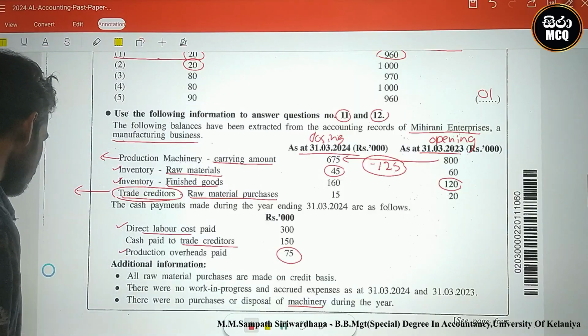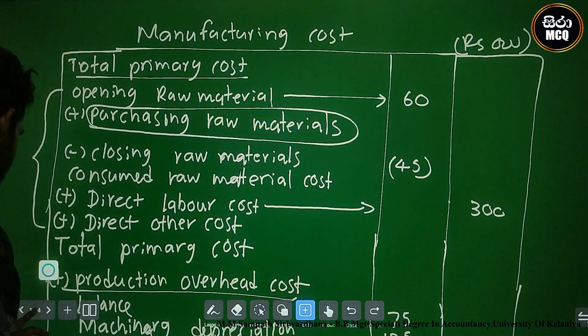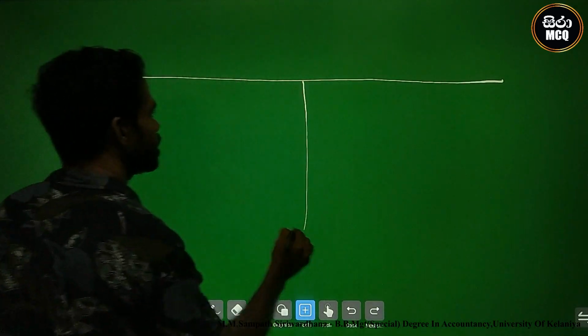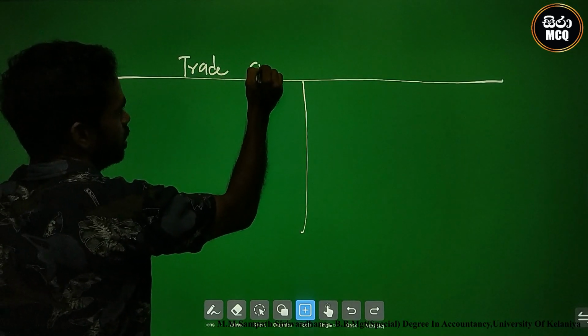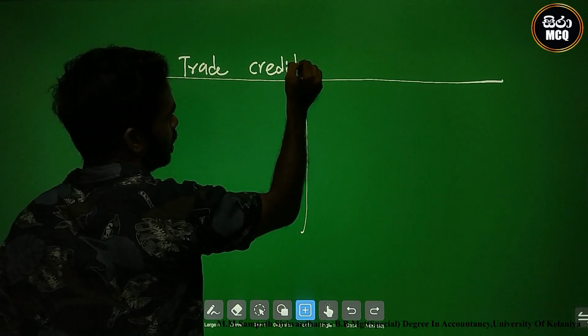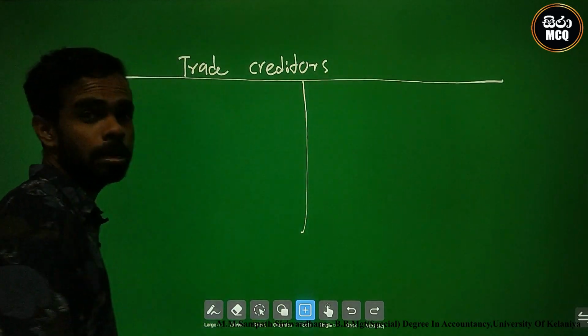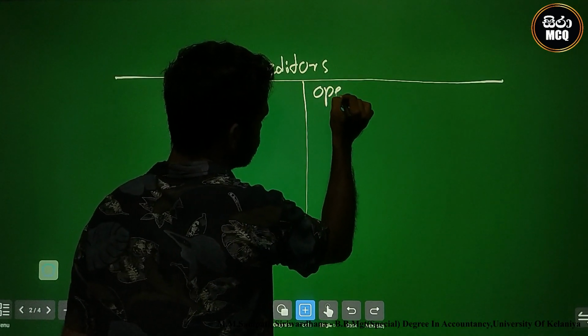Look here. Trade creditors, I prepare the trade creditors account. This is the trade creditors account, raw material related. At this time the opening balance is a credit balance.